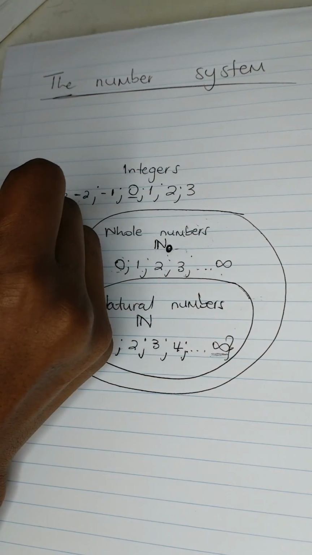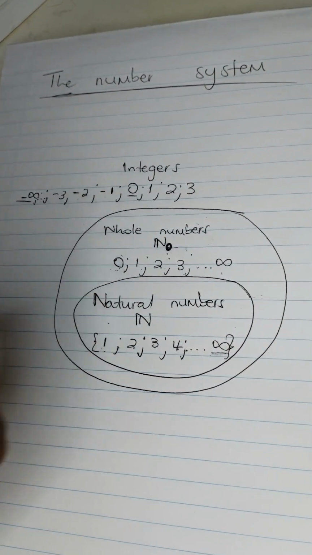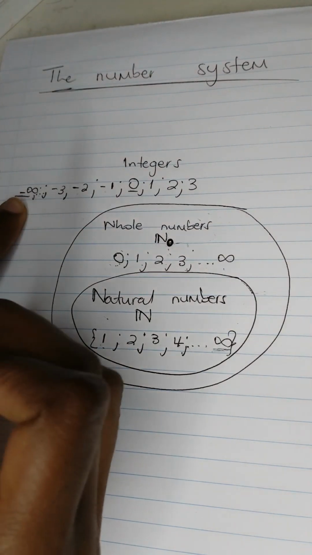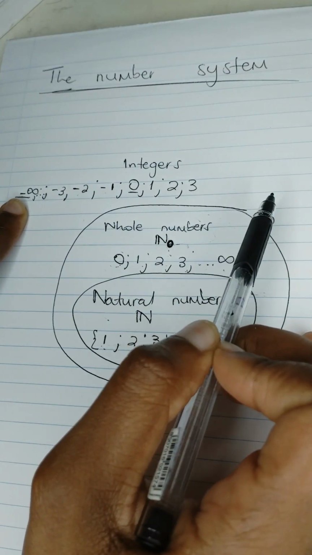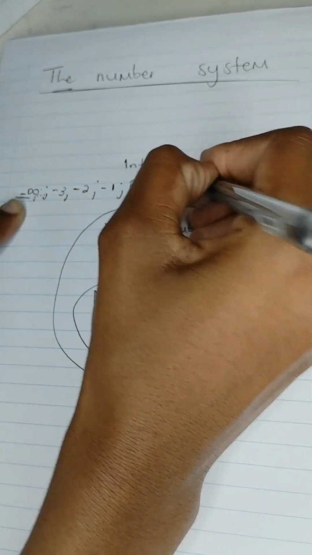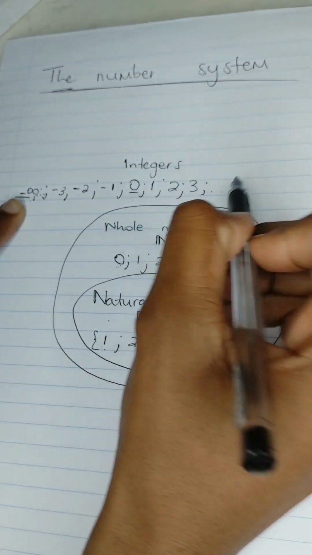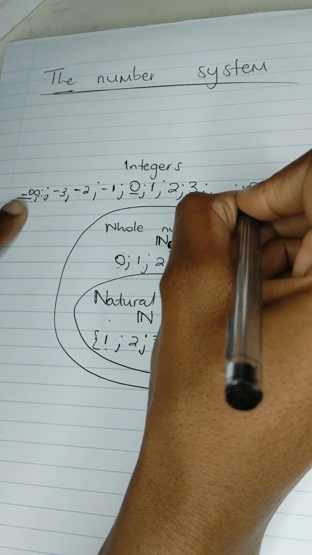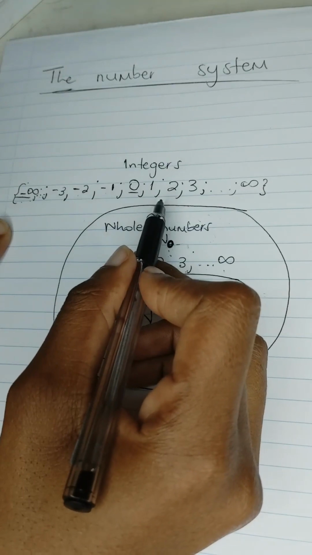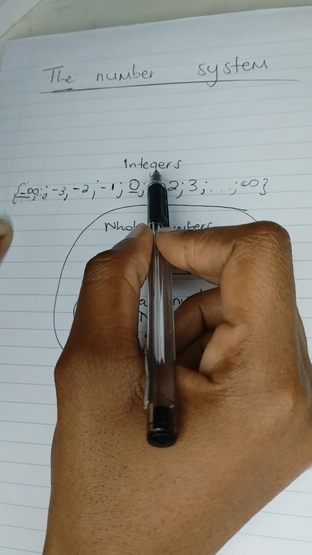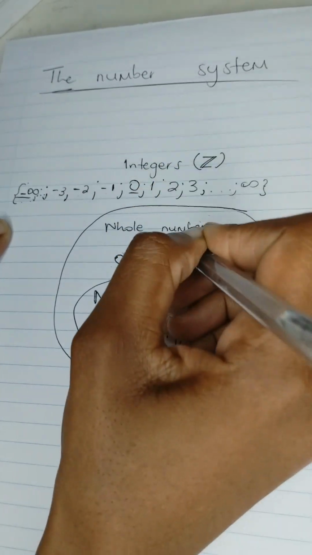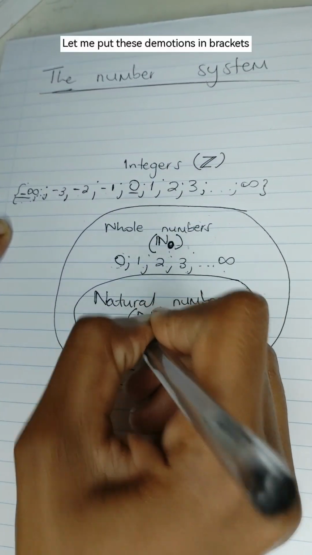So you can say you begin from negative infinity, the smallest number, and you end at positive infinity. These are our integers. And integers are denoted by a capital letter Z.